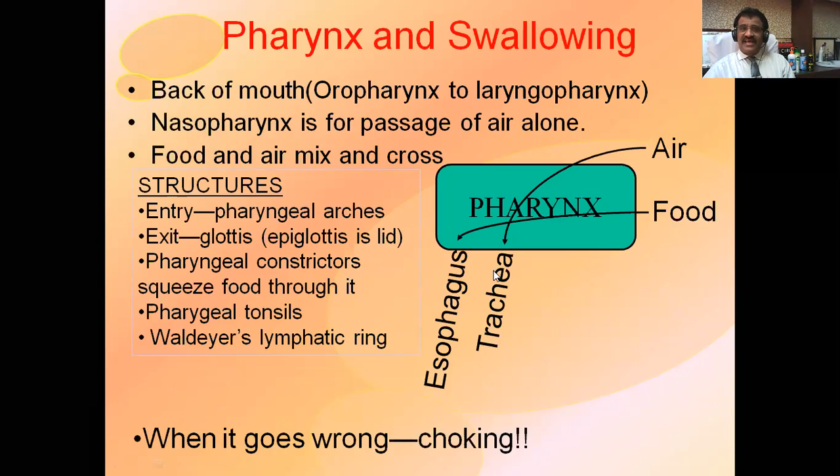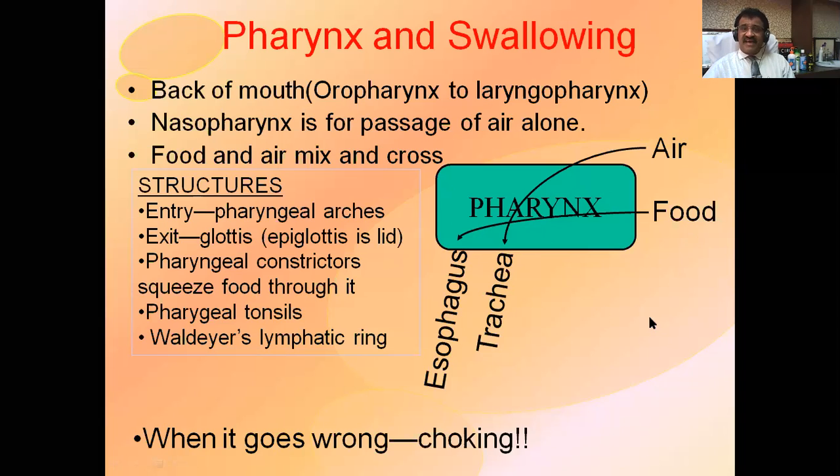Food and air mix and then they get crossed. You can see this diagram. Air is coming from above, food is coming from below. The pharynx portion is where these two mix, and they are directed. Food is taken backward into the esophagus and the air into the trachea.